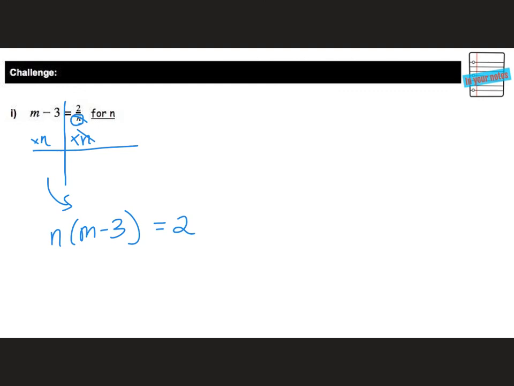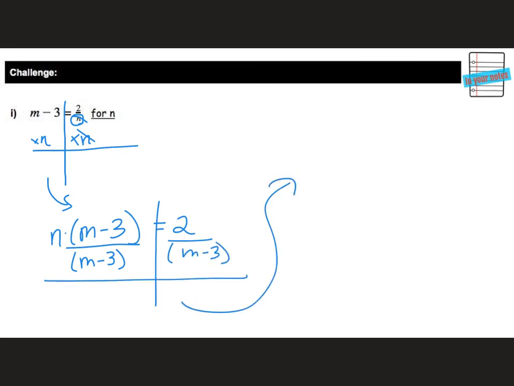So these parentheses are in the way of n being by itself, and these are combined with multiplication. So if I divide by this whole set of parentheses, since these are combined by multiplication, we can get rid of them. And this will leave me with n equals 2 divided by m minus 3.